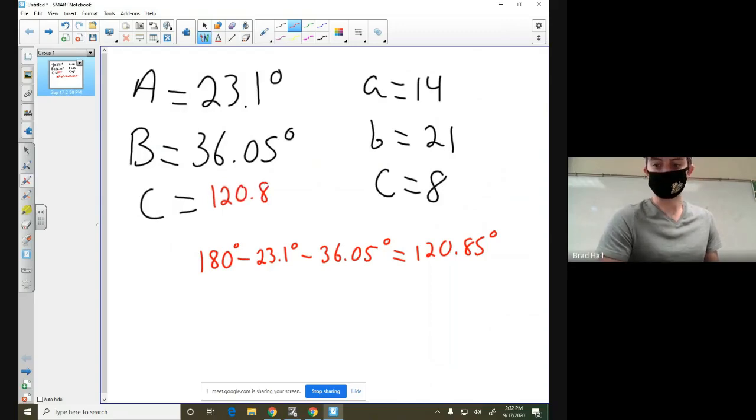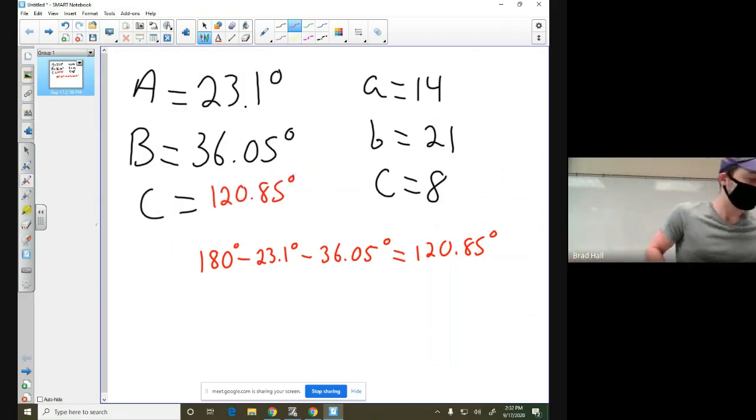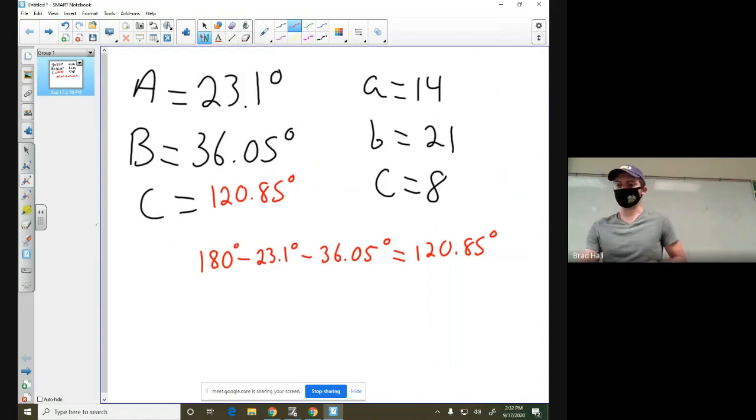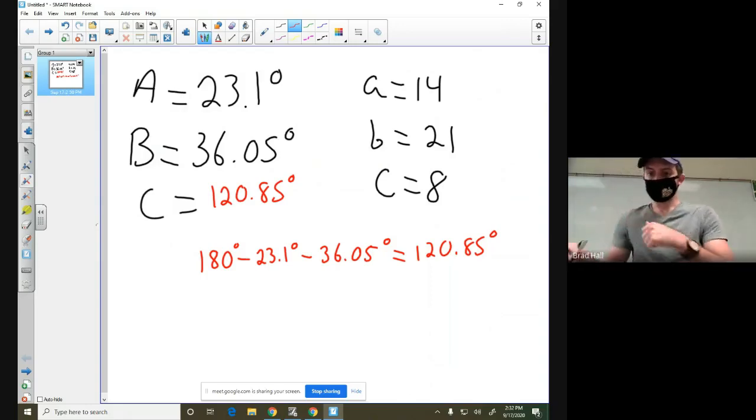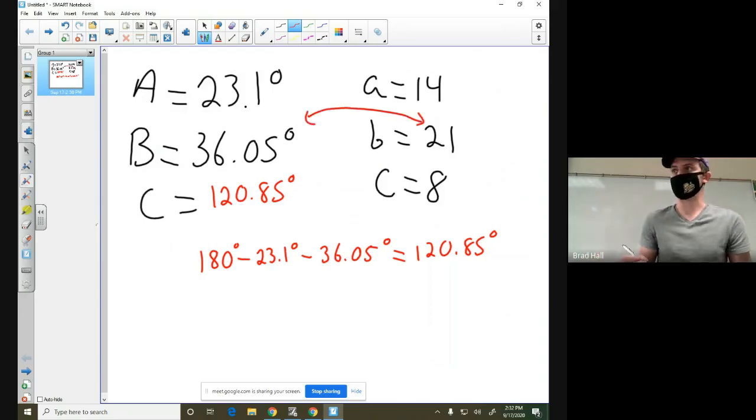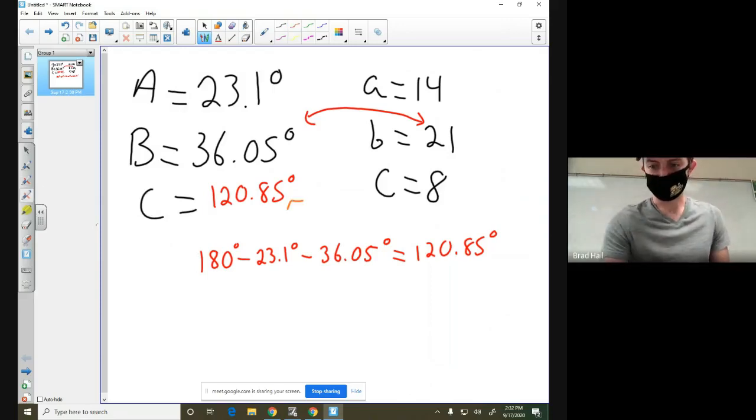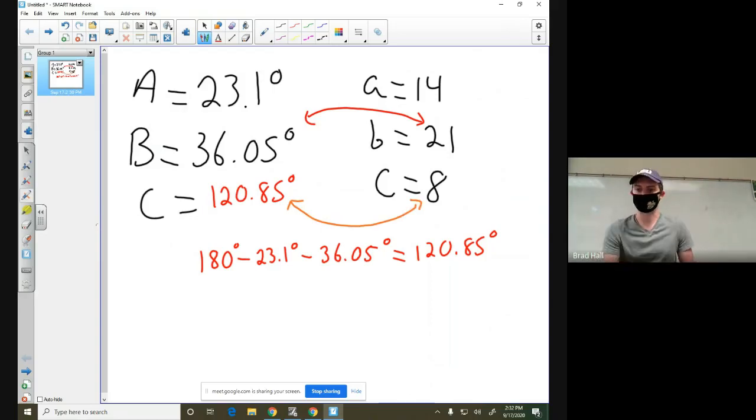But there's a problem here. There's a problem that may not seem too intuitive, why this is a clear contradiction. Because the largest number has to have the largest angle. That is not the case here. There's an issue because the largest angle belongs to the smallest segment. That cannot happen.